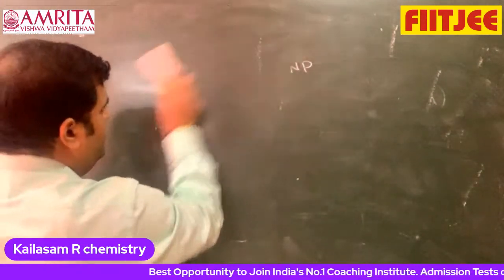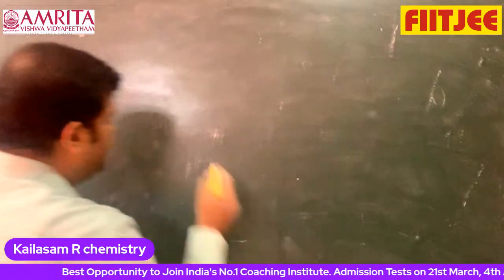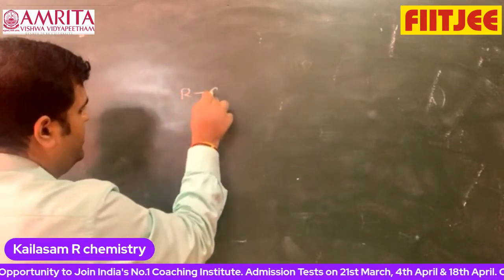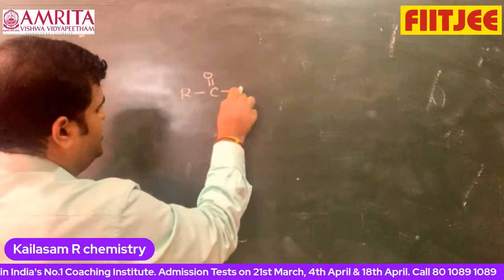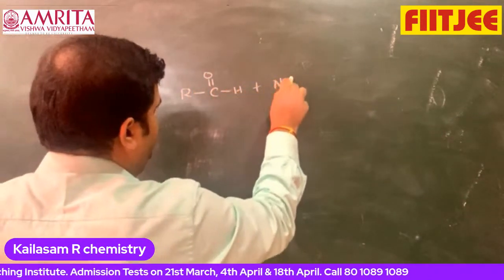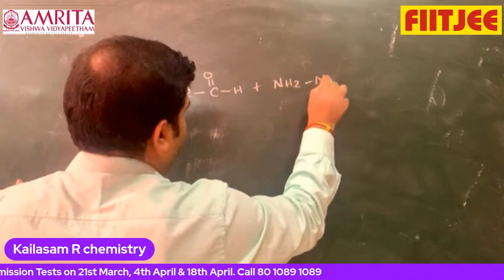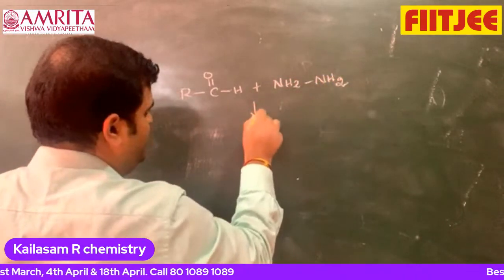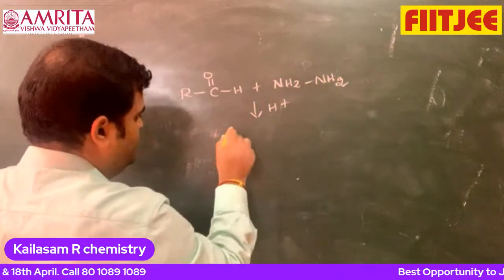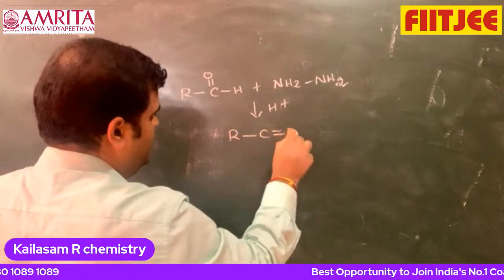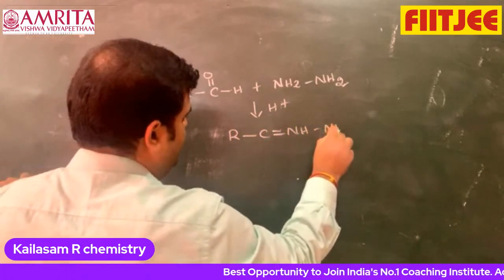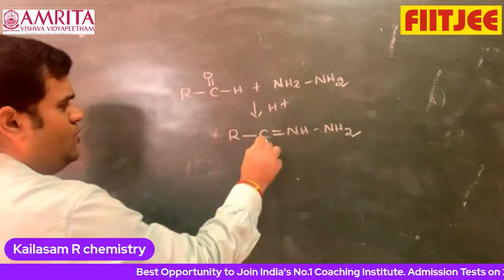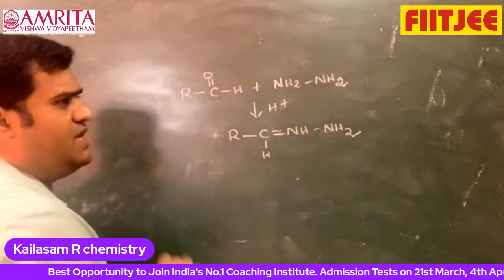Now, if it is a carbonyl compound, I can write R, C double bond O, H, and react with hydrazine in the presence of acidic medium. What is going to be produced? Hydrazone. It's called hydrazone. Why is acidic medium a must?